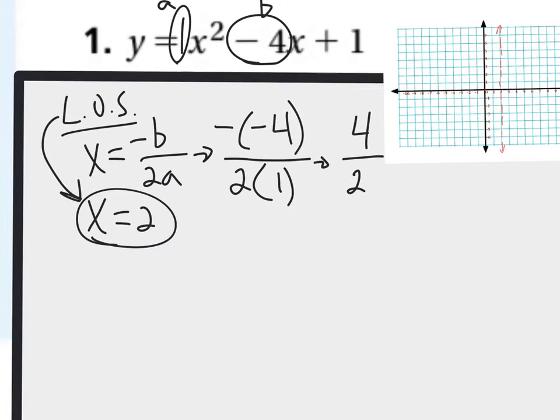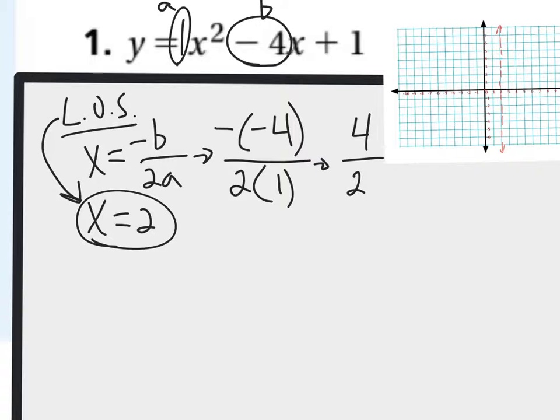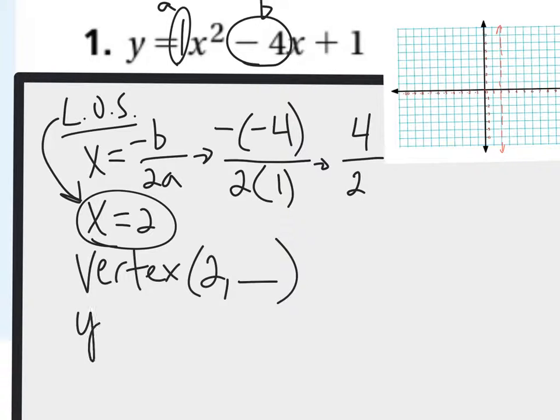And then we know our vertex is on the line of symmetry. Next thing is we're going to find our vertex. So we know our vertex is 2, something. So we can just put a 2 in place of x.